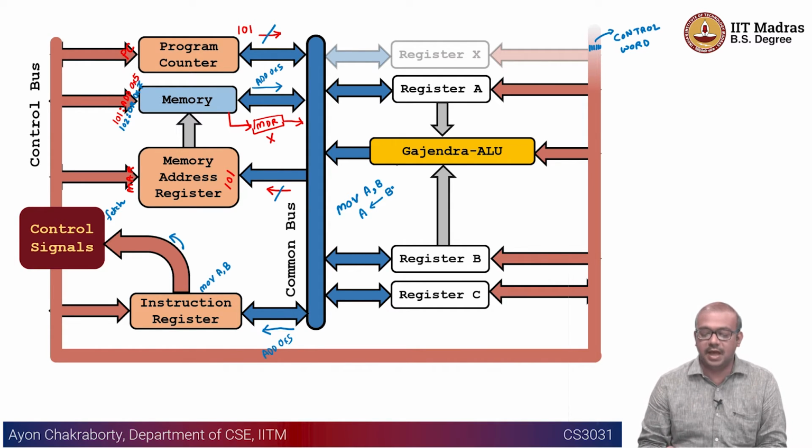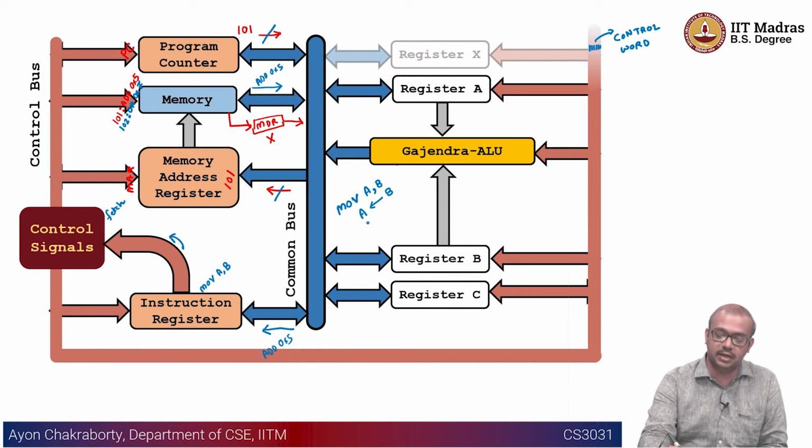Okay, so if a is the destination register, in my definition, in the control bus, the signal for register a reading has to be high, because see, this register a is reading, right?